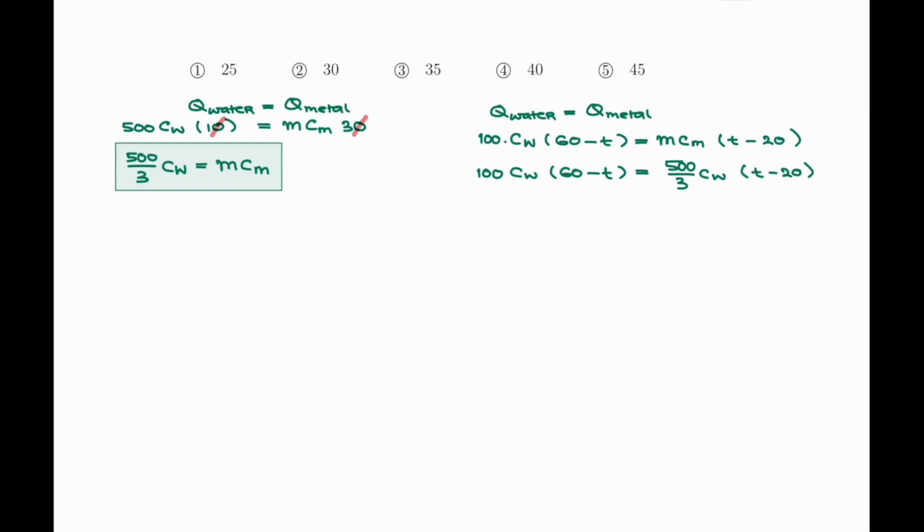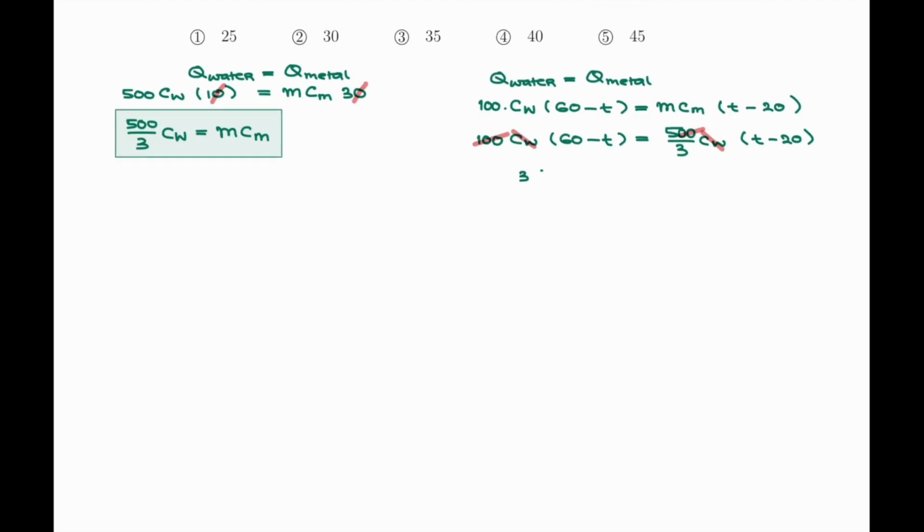As you can see, I can cancel out 100 here with 2 zeros there, and then I can cancel out Cw, and then I will cross multiply 3 to the other side. So I will get 3, 60 minus T is equal to 5 T minus 20.